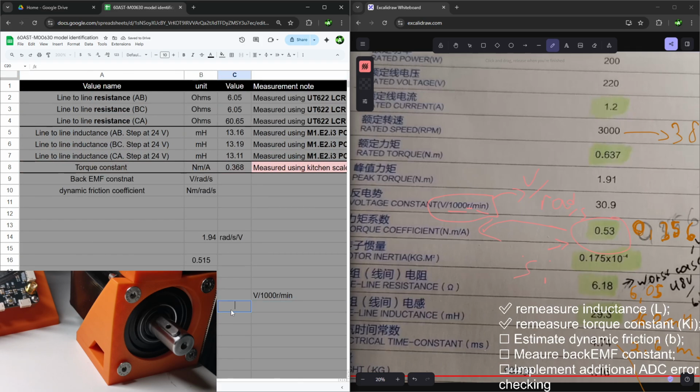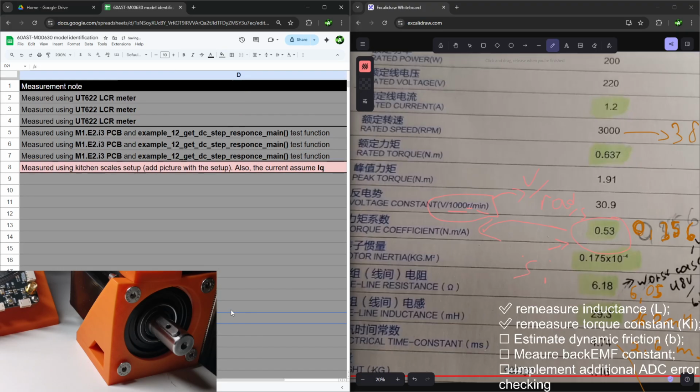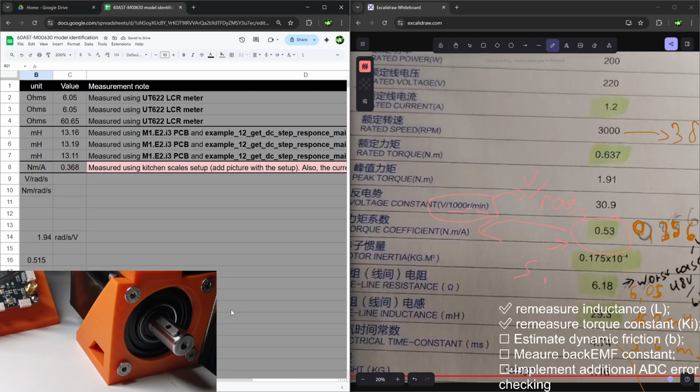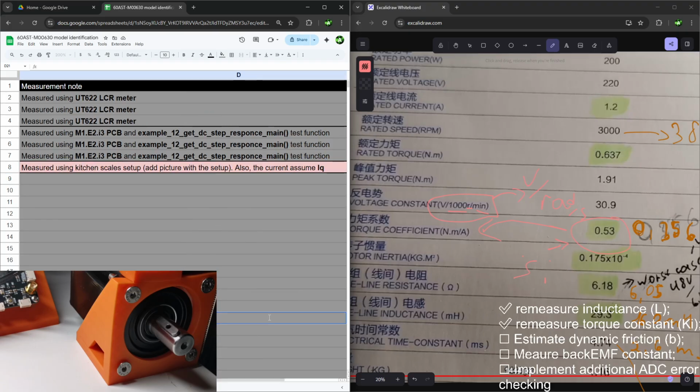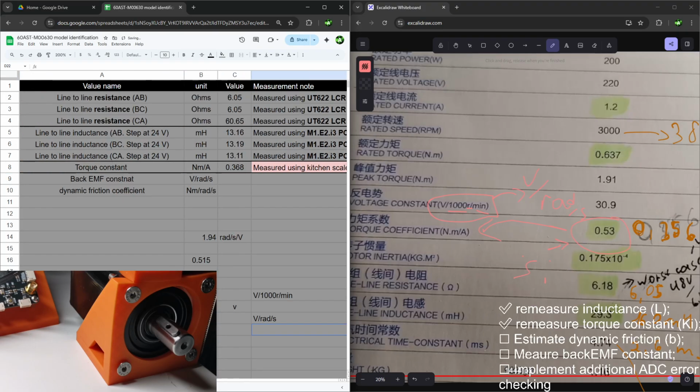And what we need to convert it to is volts per radian per second. So we have volts, so we need to multiply this number by thousand to remove the division by thousand. And our revolutions.